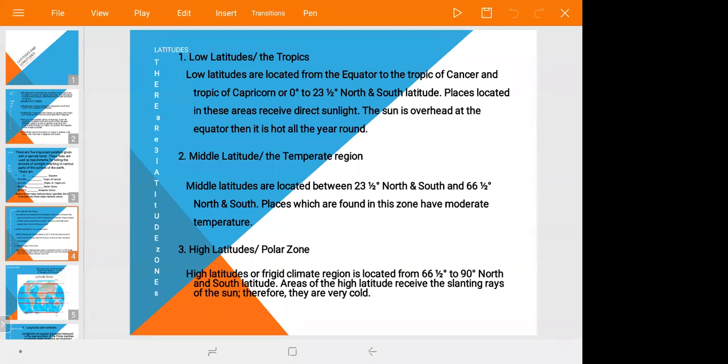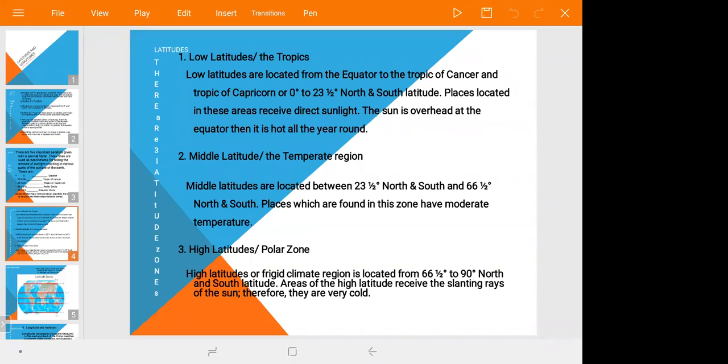The third one is the high latitude zone. In climate type, this zone has a polar climate, or the very cold one, polar zone, or it's also called frigid zone. The high latitude zone is from 66.5 degree north and south latitude to 90 degree north and south.